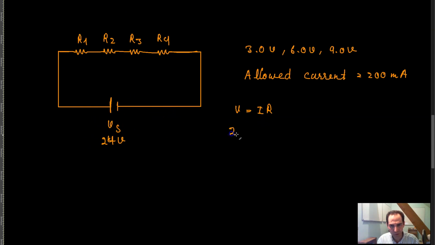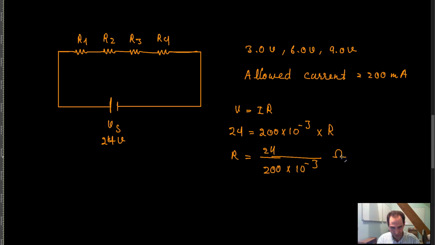Since my voltage is 24 volts and my current is 200 times 10 raised to the power negative 3 amps, the total resistance I need is R equals 24 divided by 200 times 10 raised to the power negative 3 ohms, which is 0.12 times 10 raised to the power 3, because this goes to the numerator.